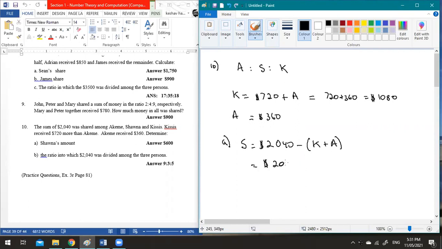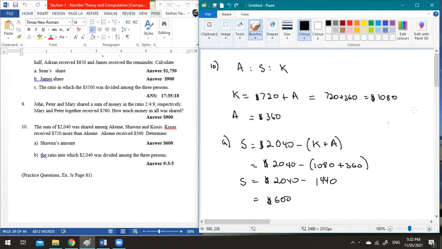So let's write it in formula before we work it out, right? 1080 add 360. So if you're asked to write a formula, it would have been like this, right? So Shauna's amount is 2,040 minus the sum. So Shauna received $600.